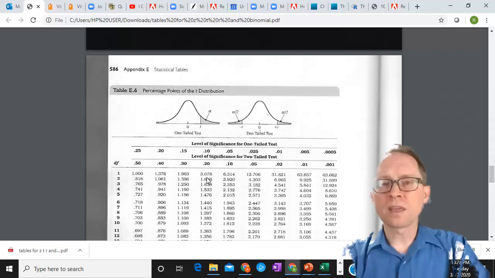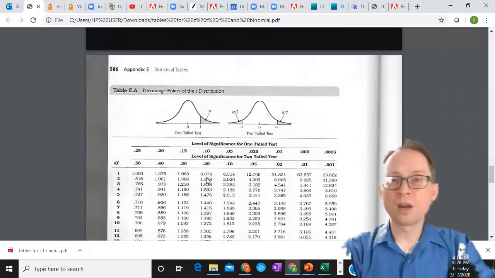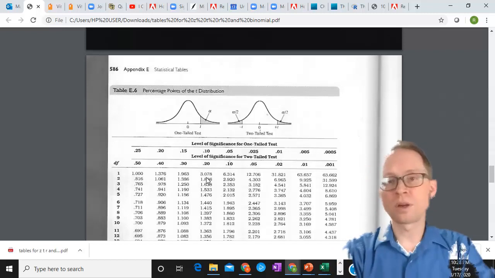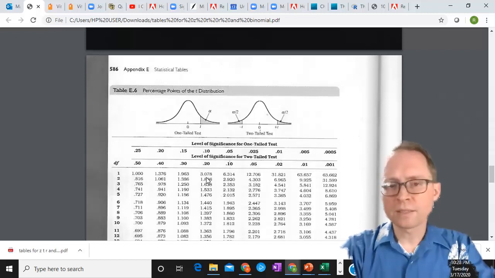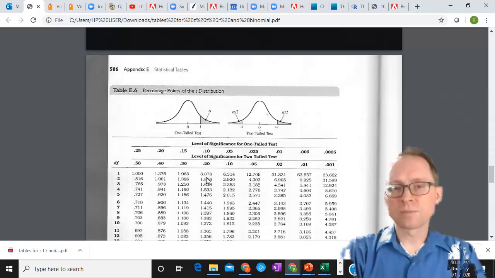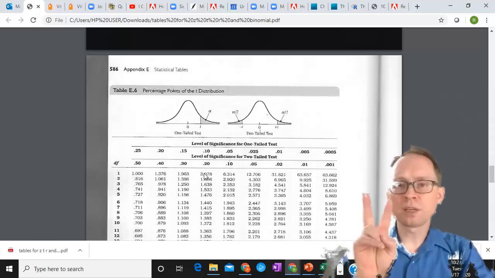If I had said I think that watching stats lectures might affect your hunger, it could go one way or the other. It could make you more hungry, could make you less hungry. That would be a two-tailed test. So what we need to look at is which way it's going and whether or not it's significant. So let's go ahead and do a two-tailed test.